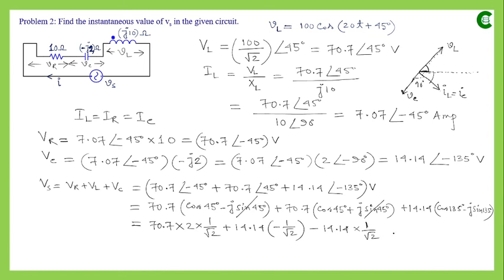So finally, after simplification, we'll get 100 minus j20, and that much volt, and this is given in rectangular format. After simplifying all these three values, if we convert this rectangular form into its equivalent polar form, then it will be 102, and the angle will be minus 11.3 degrees, and this will be V.